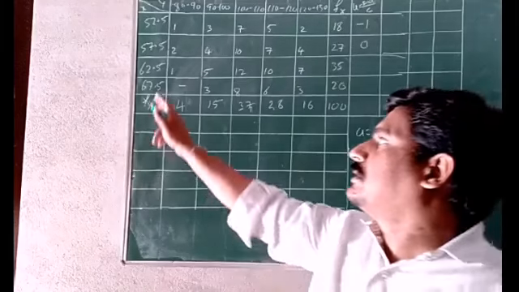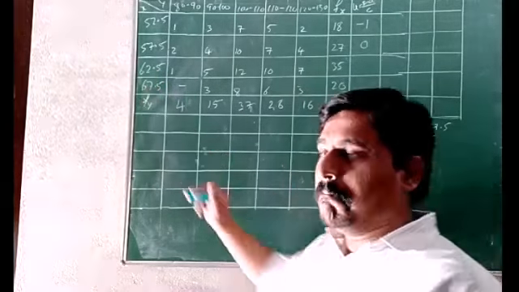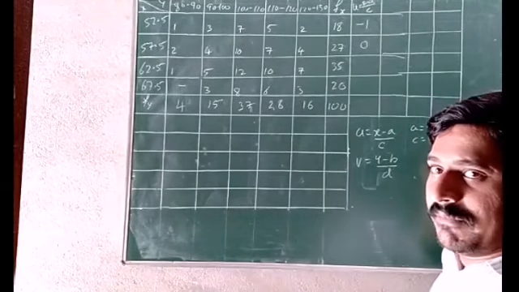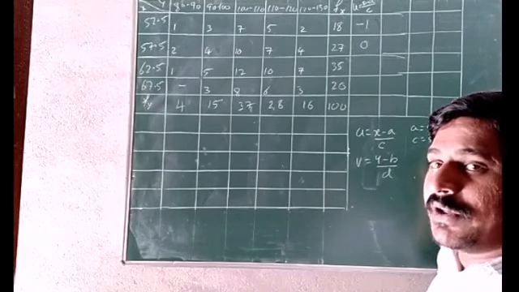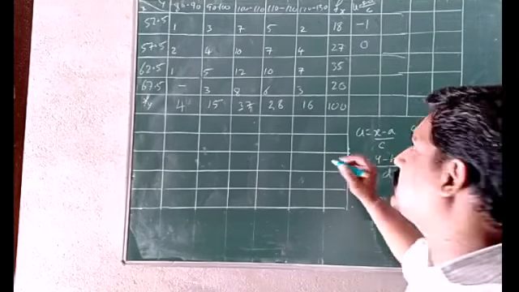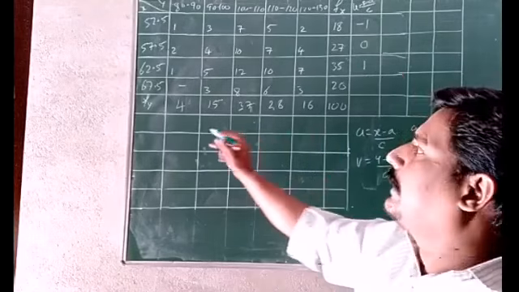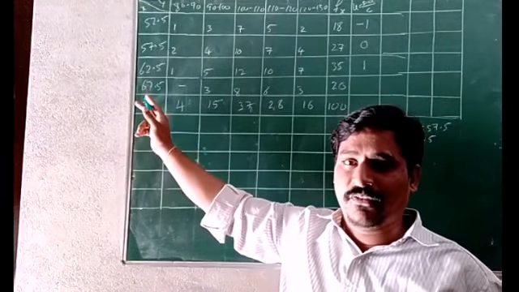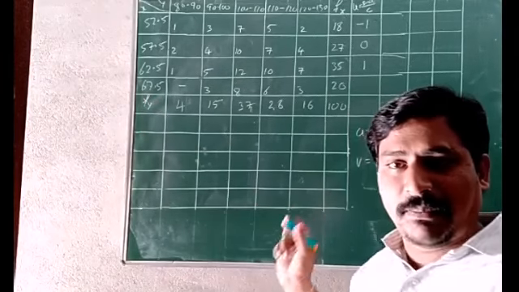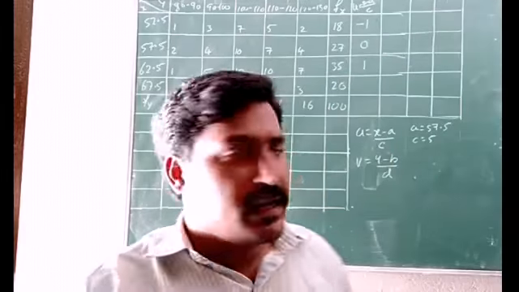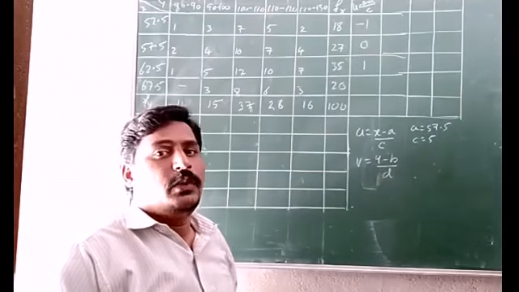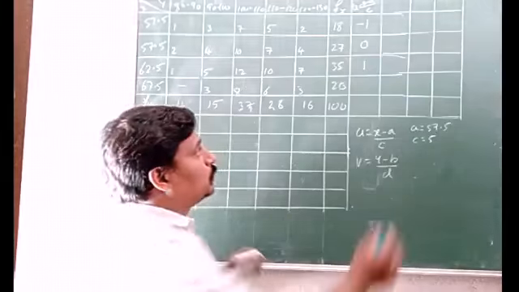Third one, 62.5 minus 57.5, that is plus 5. 5 divided by 5, plus 1. And the last, 67.5 minus 57.5 is 10. 10 divided by 5, we get plus 2.